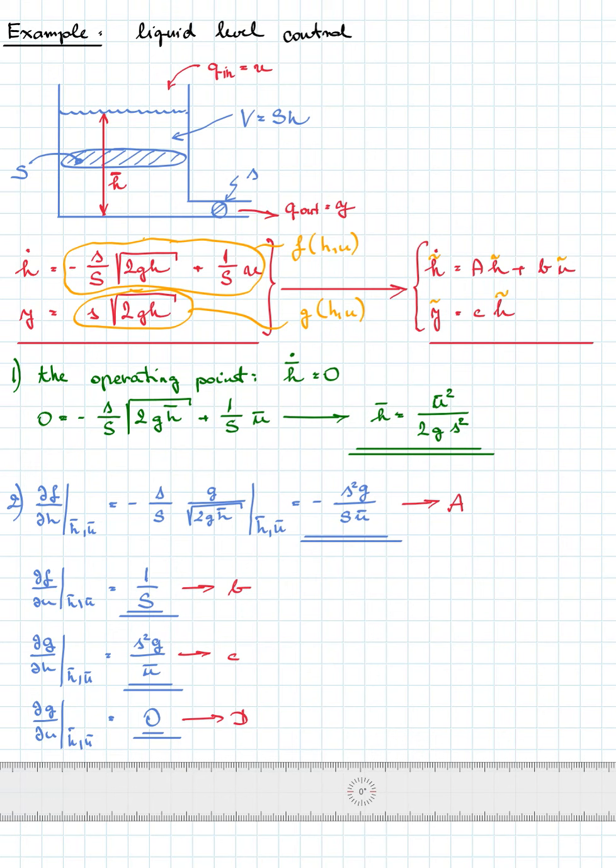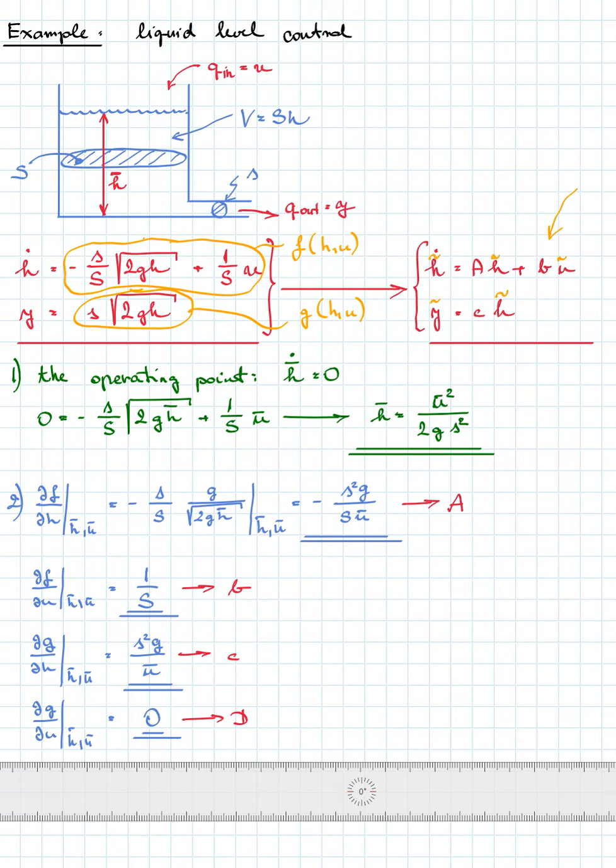So first we have to take the derivatives, and then we have to put the values of the operating points into the expressions of the derivatives, and then we are going to get given values for a, b, c, and d. And this is the linearized system of equations that we get for h tilde, u tilde, and y tilde.